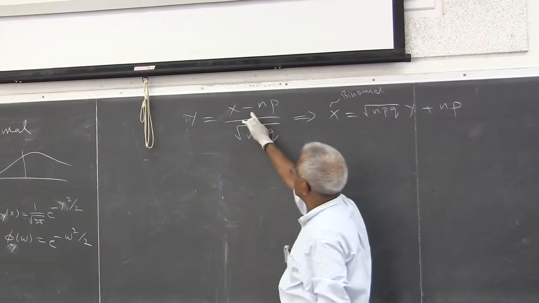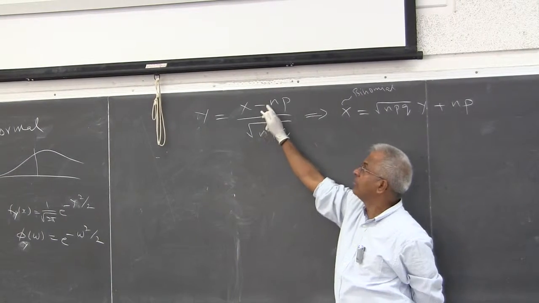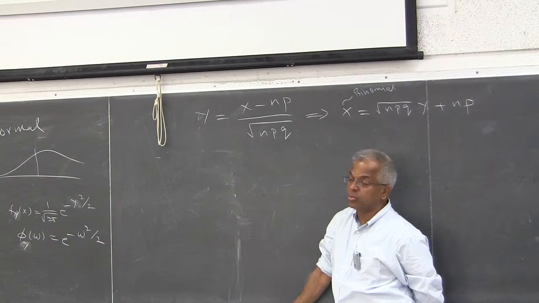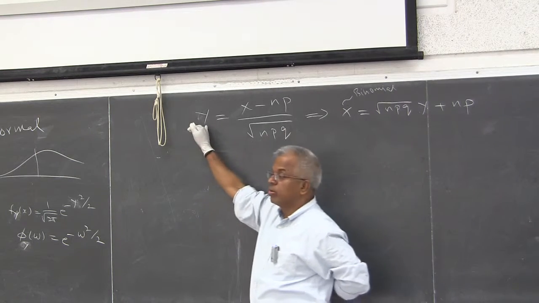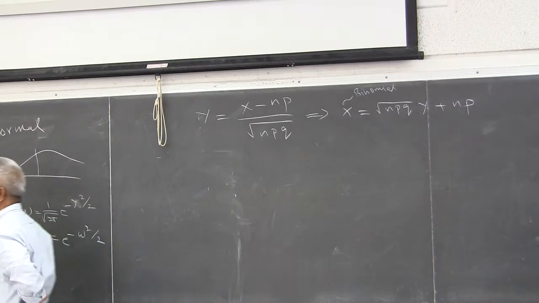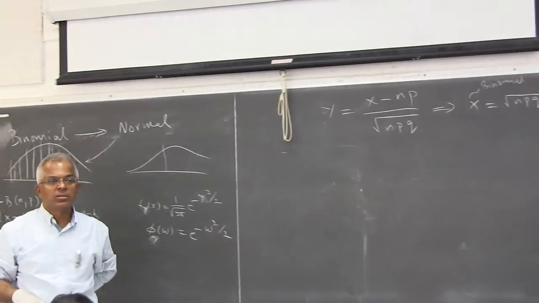What I'm going to show is that this is a normalized binomial. I'm subtracting the mean and dividing by the square root of variance. You may ask why. It's easier to show it on y. I'm going to show that y is going to look like normal.